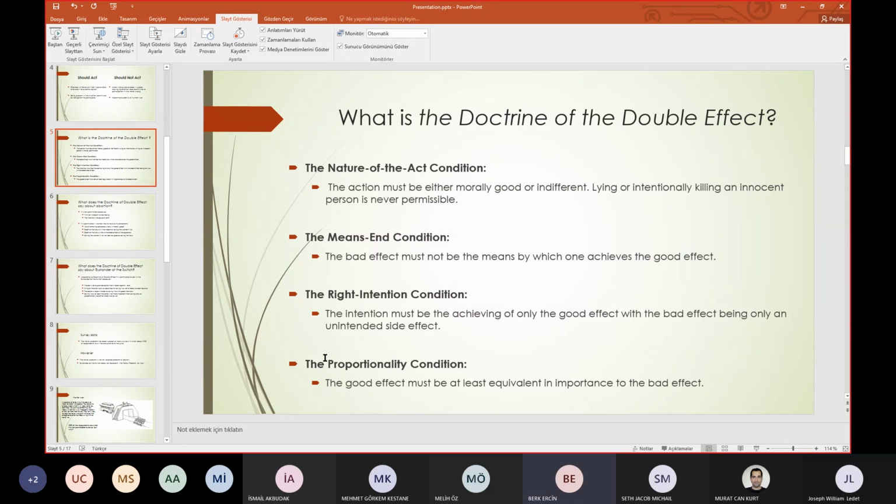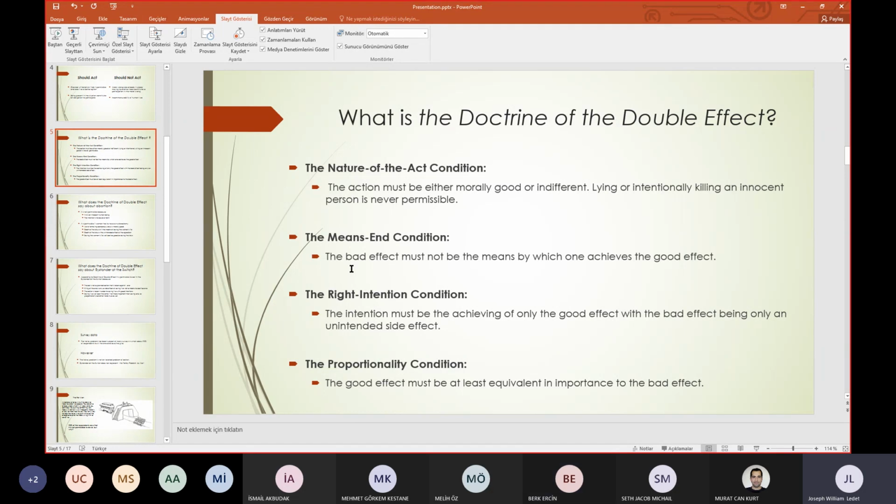But in the bystander at the switch case, we're not intentionally killing that person. It's just a side effect. That's the difference. I see. One of them is the means and condition, and the other is only the side effect. I see.